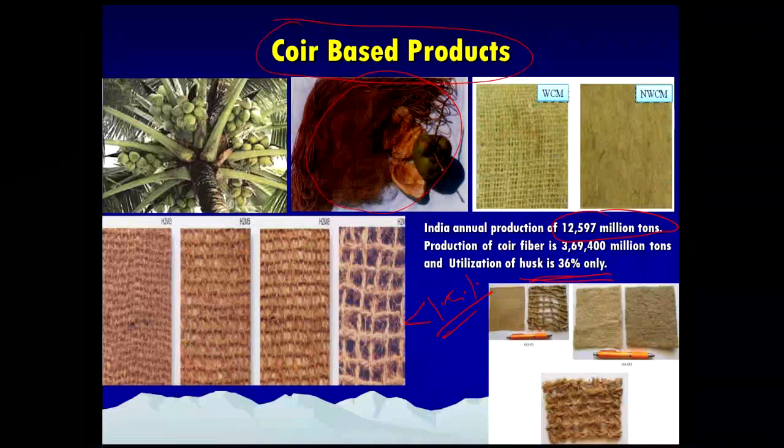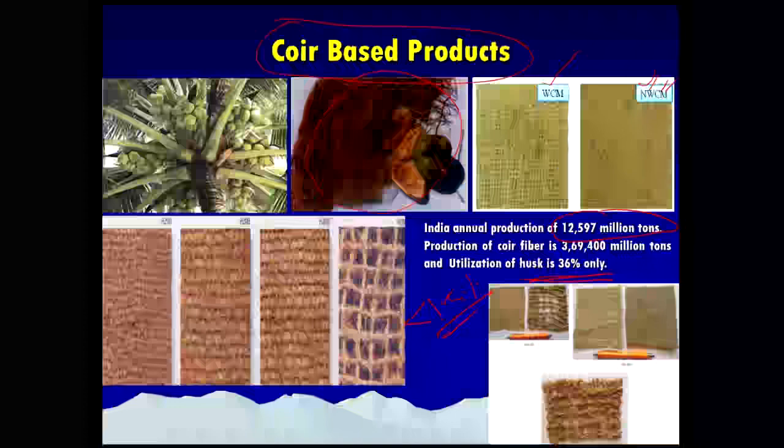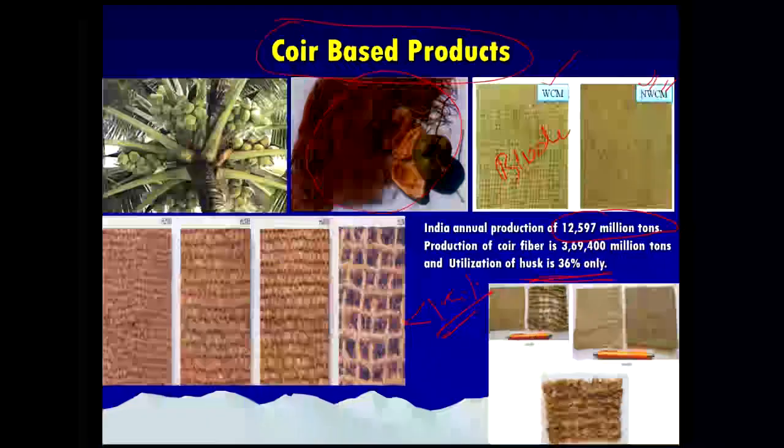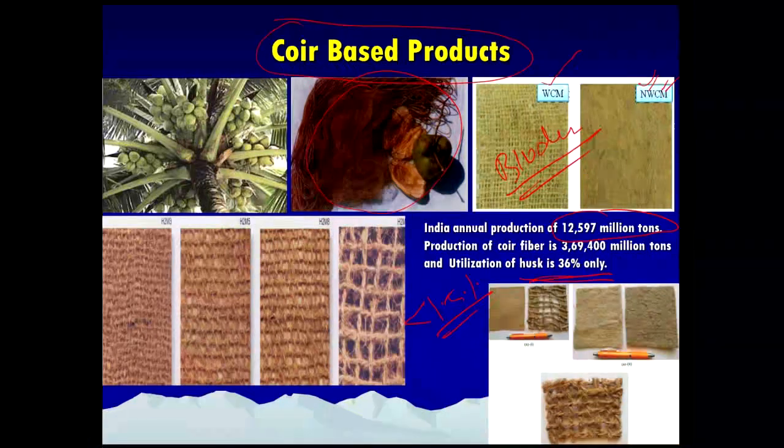Within these coir-based geotextiles, we have a woven coir mat and a non-woven coir mat. The only issue is that these are biodegradable materials. But they also serve different functions in the pavement, and at least help in extending the life of the pavement.